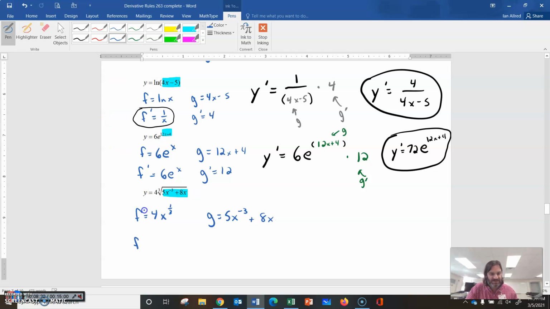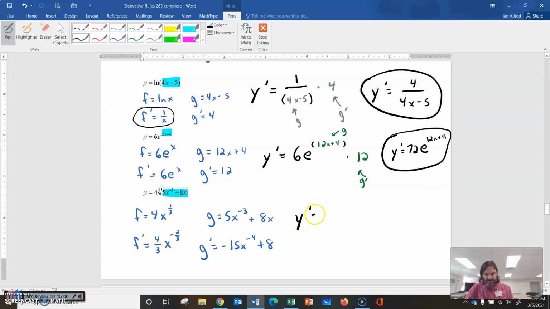So for the derivatives, f prime, the derivative of 4x to the 1/3, will be 4/3 x to the negative 2/3. And g prime, the derivative of 5x to the negative 3, will be negative 15x to the negative 4. The derivative of 8x is just 8, so g prime is negative 15x to the negative 4 plus 8.